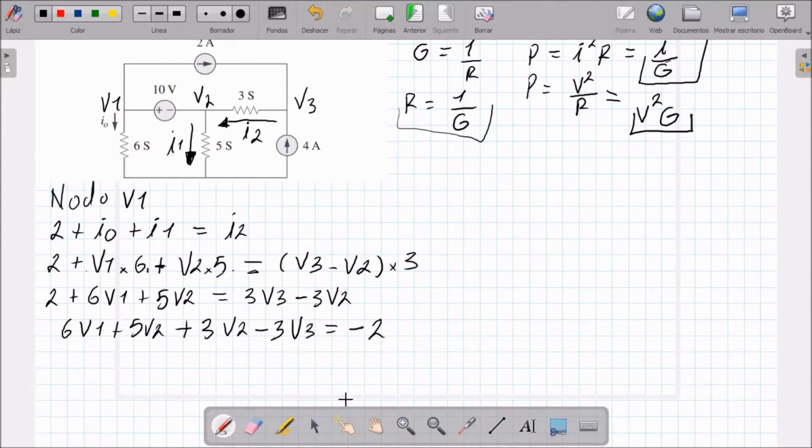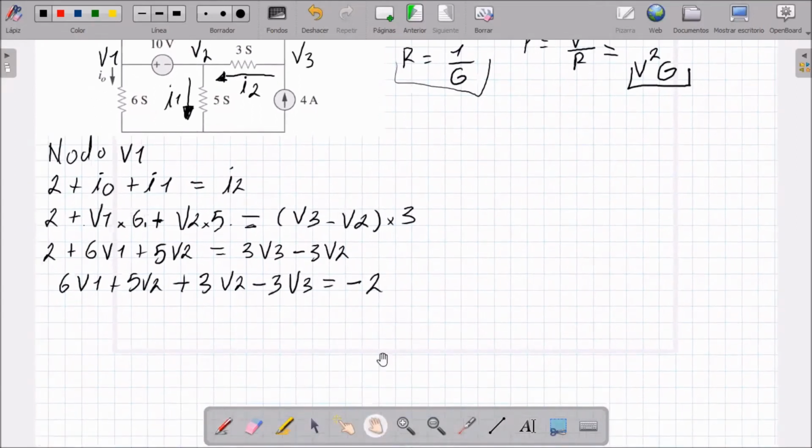Well, I'm still operating. And I'm going to get 6V1 plus 5V2 plus 3V2 would be 8V2 minus 3V3. All of this is going to be equal to minus 2. That will be my first equation.